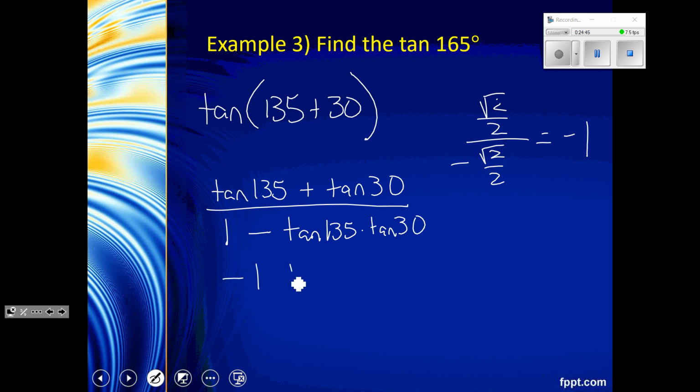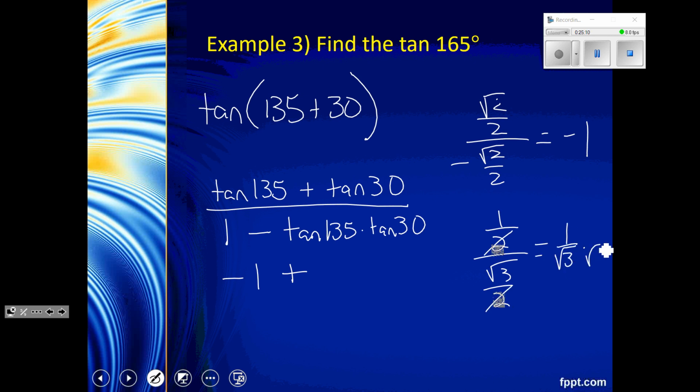1 plus, let's look at the tangent of 30. So if I divide 1/2 divided by square root of 3 over 2, I feel like some people divided the x by the y and got square root of 3. Double check that. If you got square root of 3, I'm not sure that is correct, because I know these are going to cancel and this is going to make 1 over square root of 3.